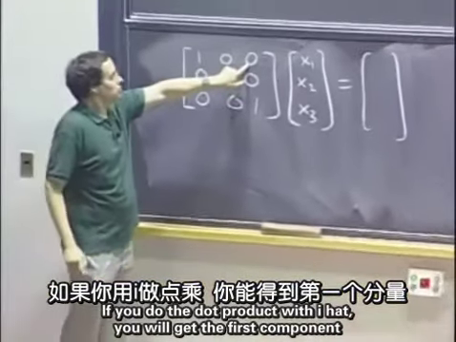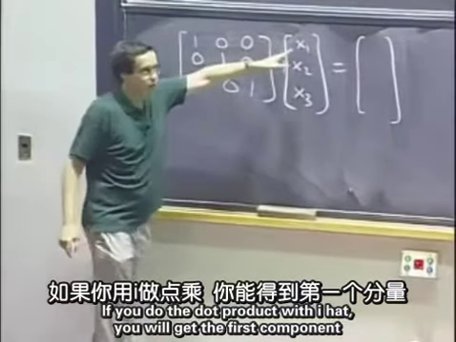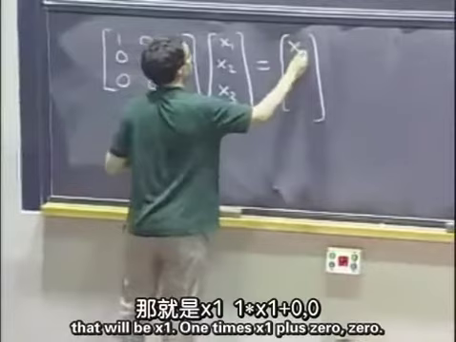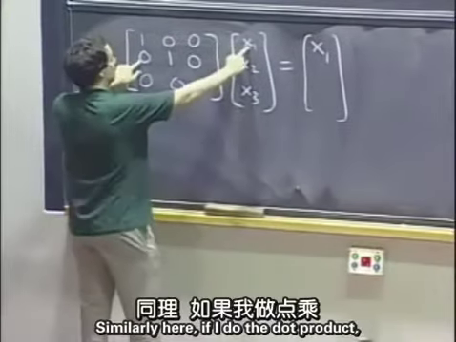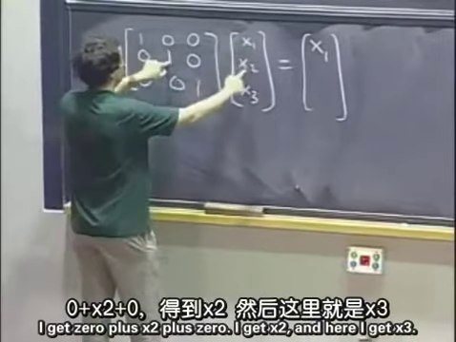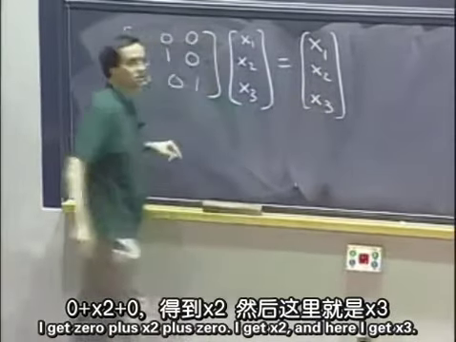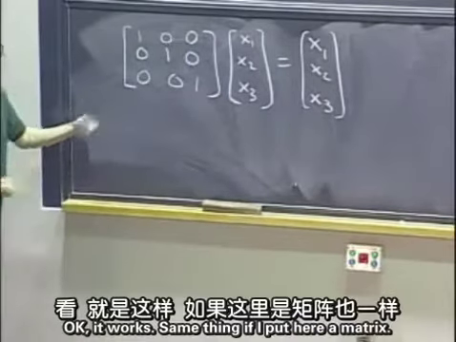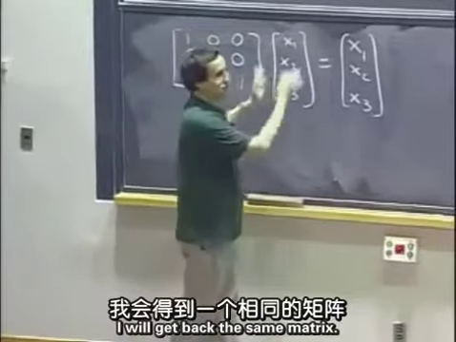So if you do the dot product with i hat, you will get the x component, the first component. That will be x1: 1 times x1 plus 0, 0. Similarly here, if I do the dot product, I get 0 plus x2 plus 0. I get x2, and here I get x3. Okay, it works. Same thing if I put here a matrix, I will get back the same matrix.